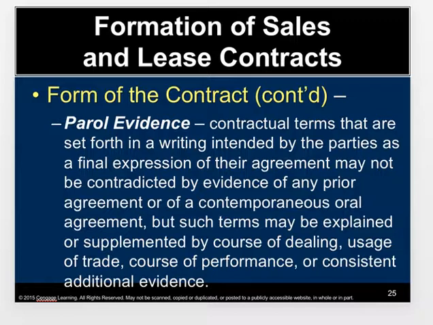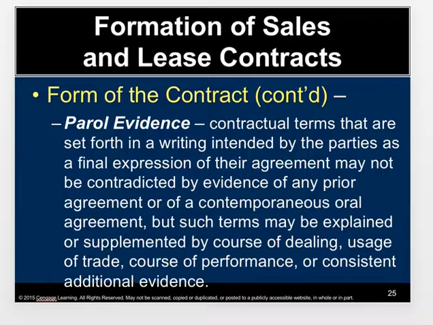Let's talk about parol evidence. Those are contractual terms that are set forth in a writing intended by the parties as a final expression of their agreement, and they may not be contradicted by evidence of any prior agreement or a contemporaneous oral agreement, but such terms may be explained or supplemented by course of dealing, usage of trade, course of performance, or consistent additional evidence.